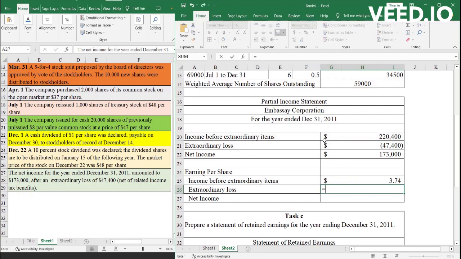Now for the second part, 47,400 loss divided by 59,000. It's a loss of 0.80 per share, and then EPS, the net income of 173,000 divided by the weighted average shares outstanding. So that's 2.93. The EPS of the company is 2.93.